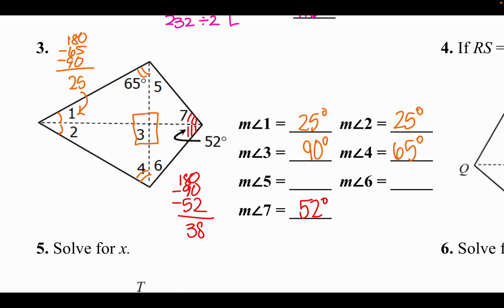So we get 38 degrees for 6. And then we know that 6 and 5 are congruent. So I'm using this different marking so I don't have to do 4 congruent arcs in a row. It just gets too messy. So 5 and 6 are congruent, so 5 is also 38 degrees.